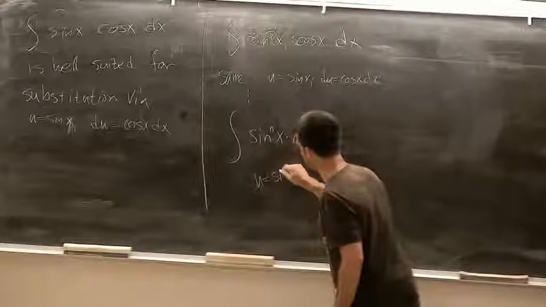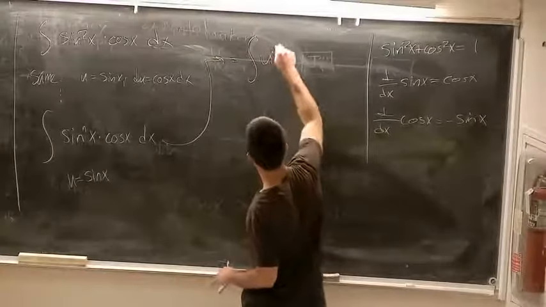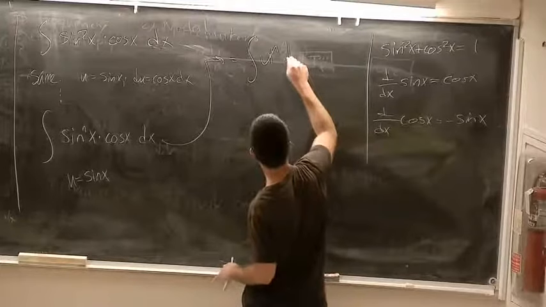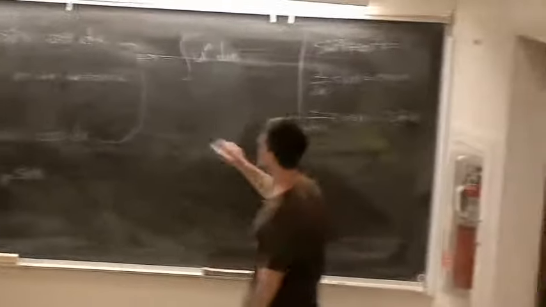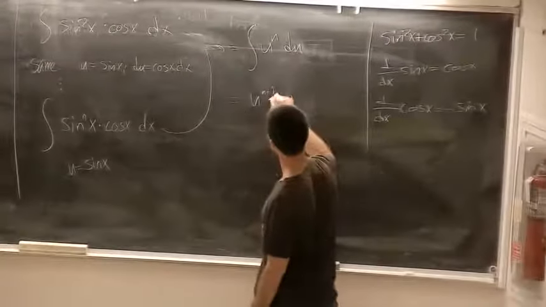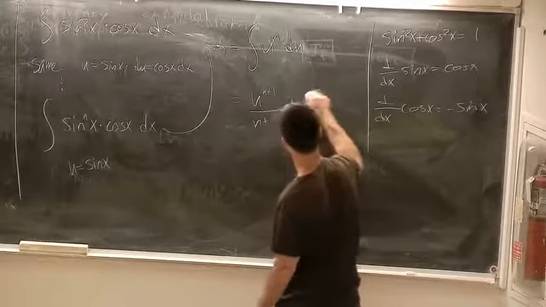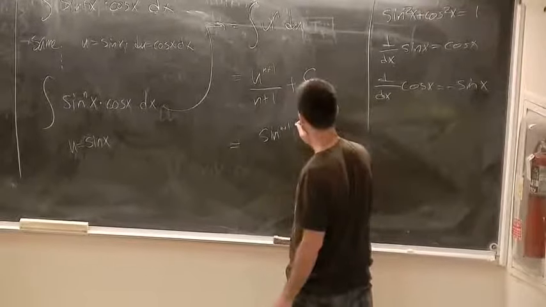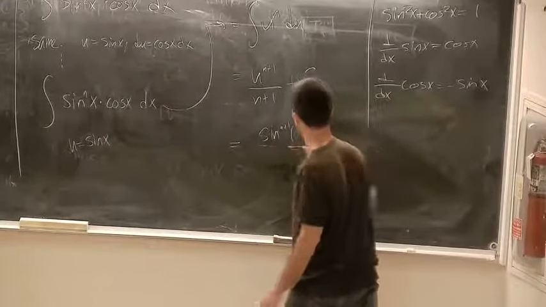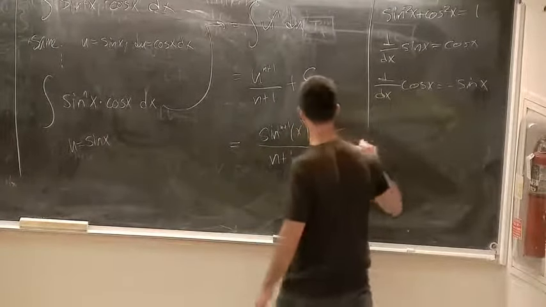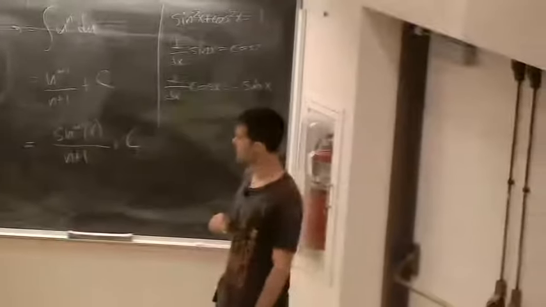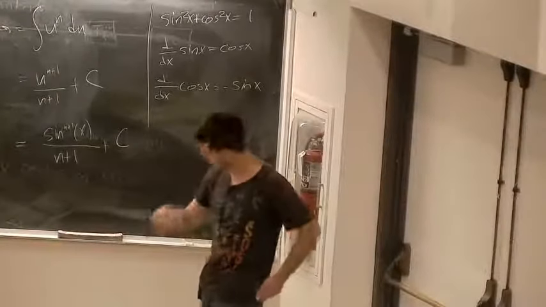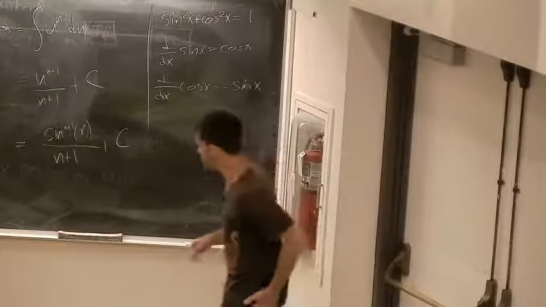Let u equal sine of x, and this thing will equal u to the n du, which is totally integrable. U to the n plus 1 over n plus 1 plus c, or sine to the n plus 1 x over n plus 1 plus c. Okay, good. We are rapidly expanding our repertoire of doable integrals.